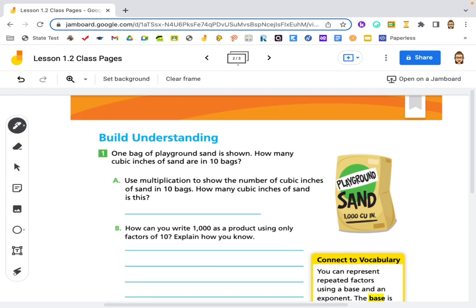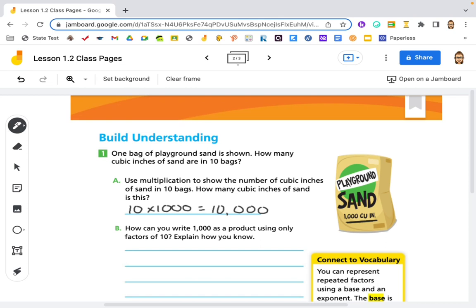So a multiplication problem we would write would be 10 times 1,000. And that would give me 10,000, because if I add 1,000 up 10 times, I get 10,000.